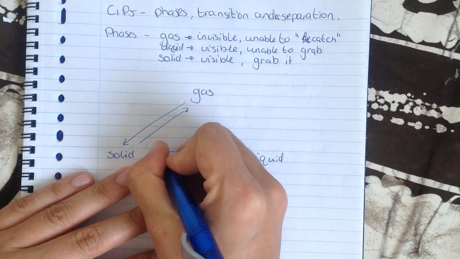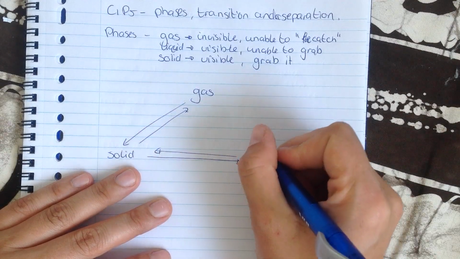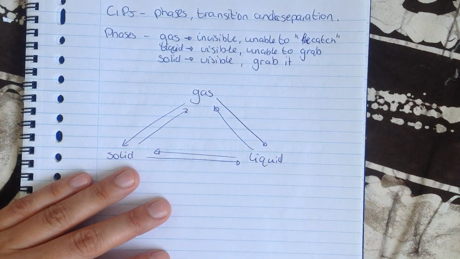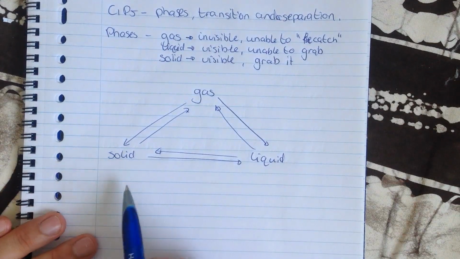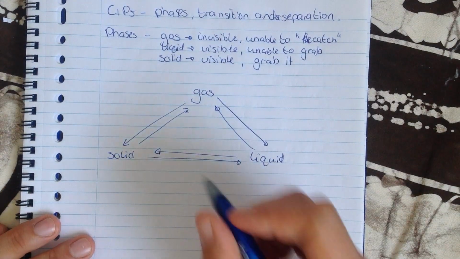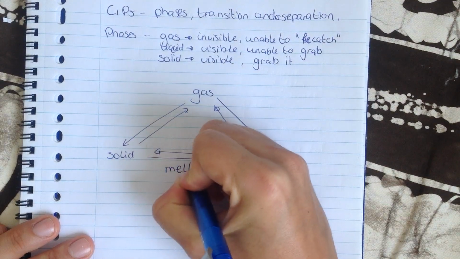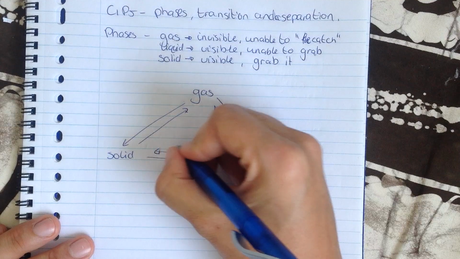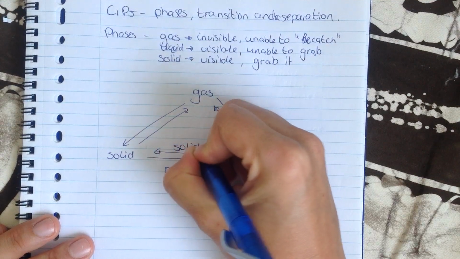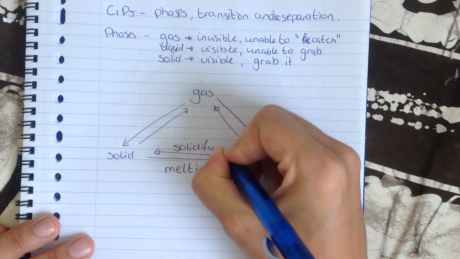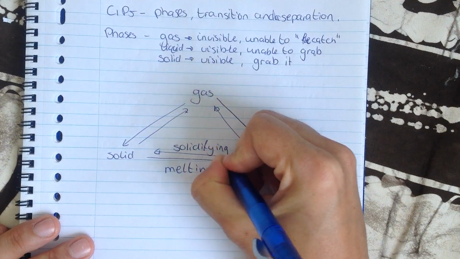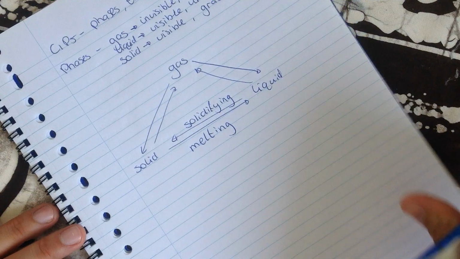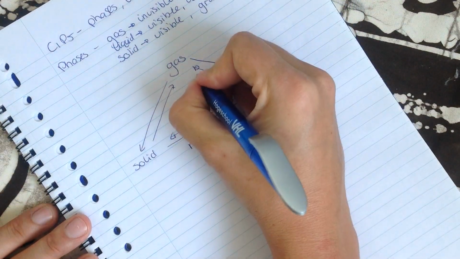Some of them might sound familiar, some of them don't. So let's start with the easiest one. From solid to liquid is what we call melting, like ice can melt. The other way around, solidifying. Then from liquid to gas is called evaporation.